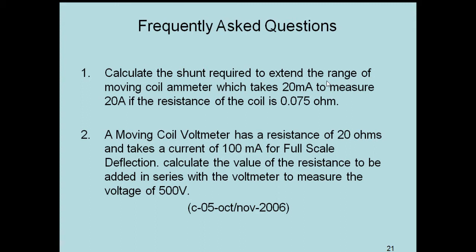Now we need to find the value of this series resistance, Rse. Rse is equal to Rm into (m minus 1), where Rm is equal to 20 ohms and the multiplying factor m is equal to capital V by small v, 500 volts by 2 volts. Okay, so it will be 250.